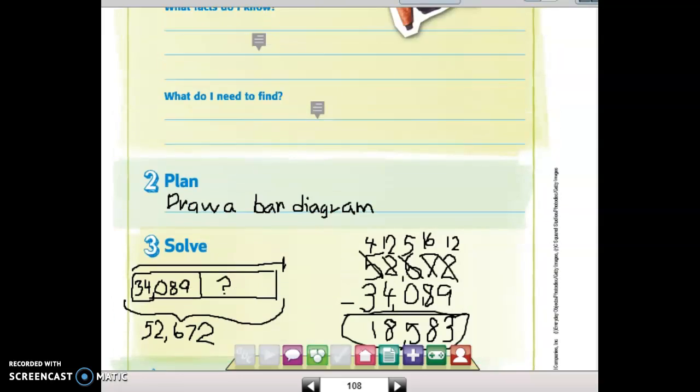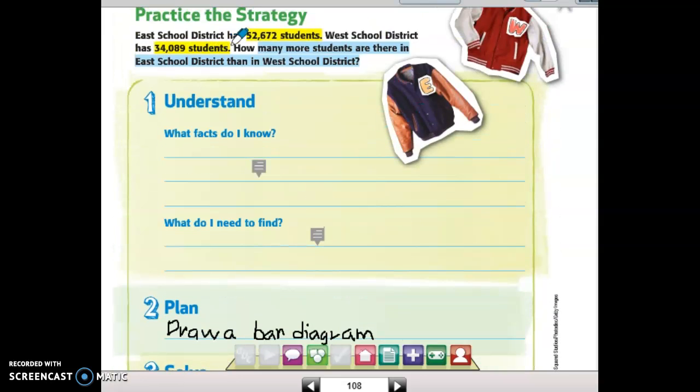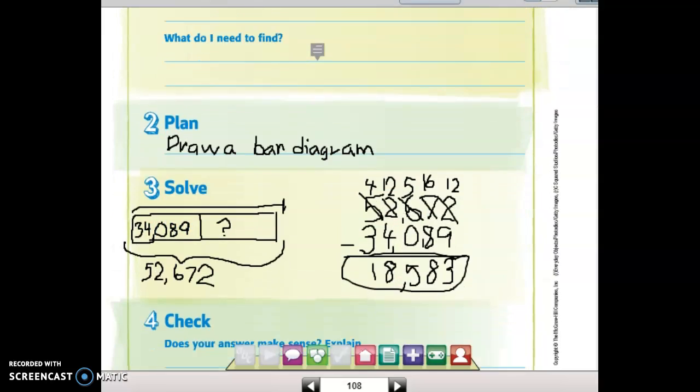into the question that's been asked. So the question was, how many more students are there in East School District than in West School District?